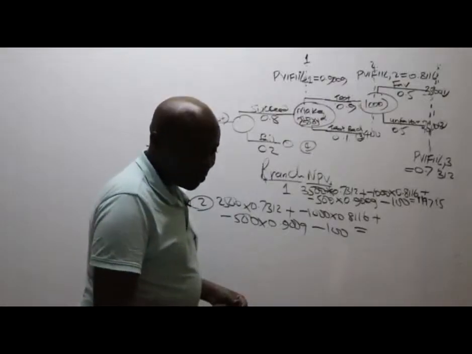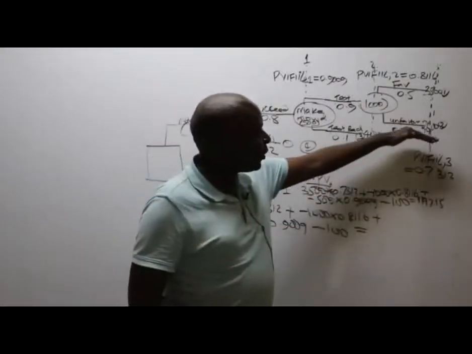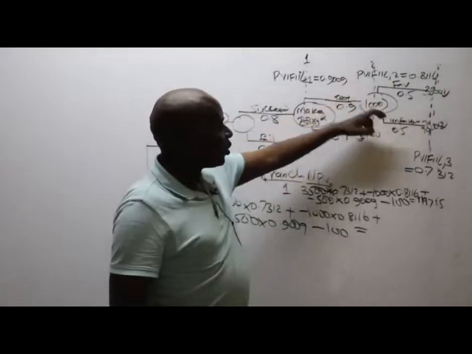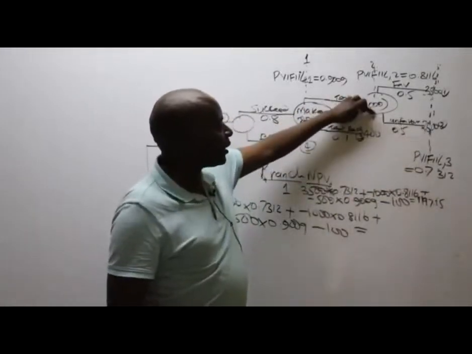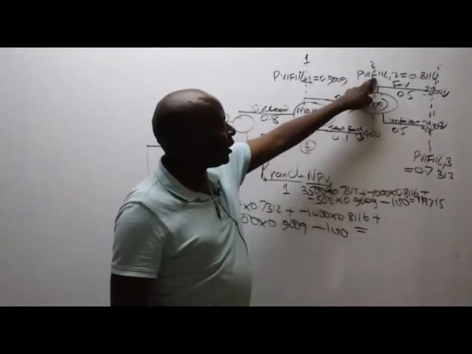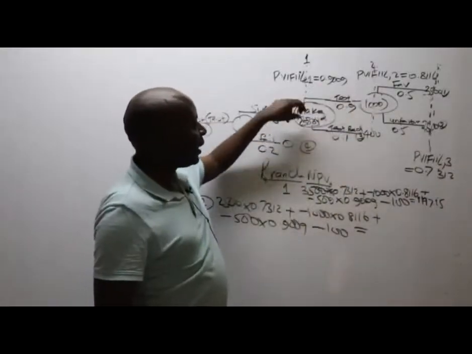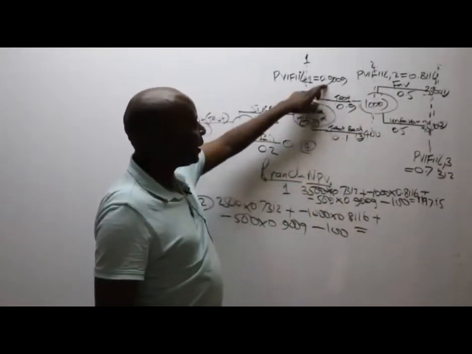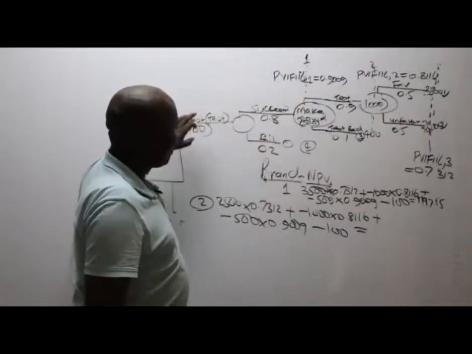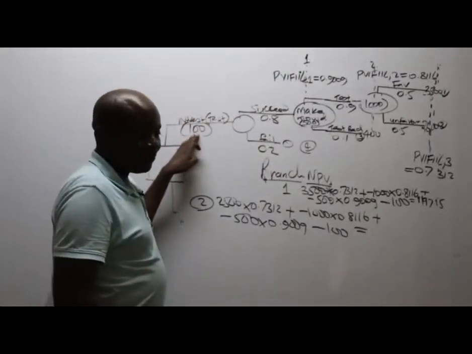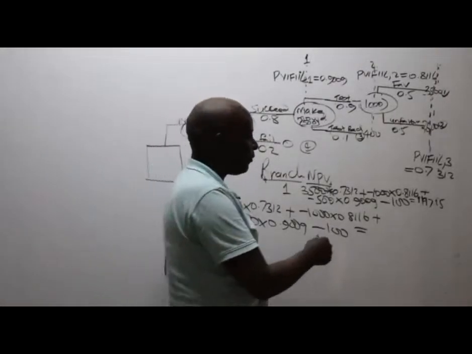For branch number 2, we are moving like this. So we have 2,500 times this plus minus 1,000 times the discounting factor plus minus 500 times the discounting factor plus, it's a road, minus 100. 465.95.